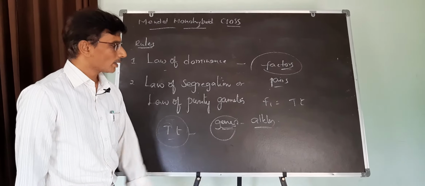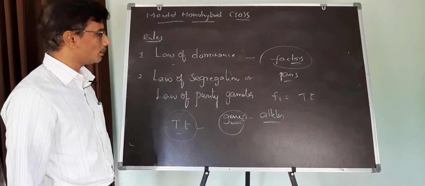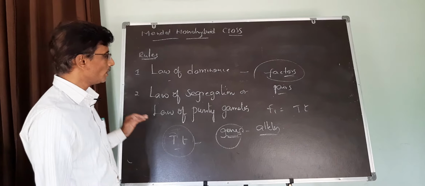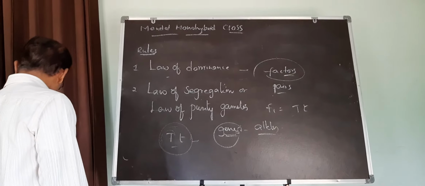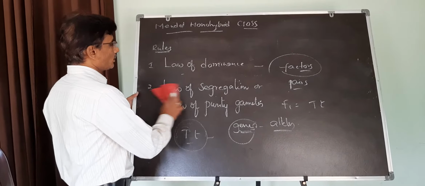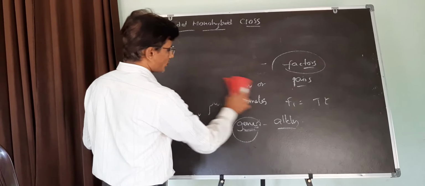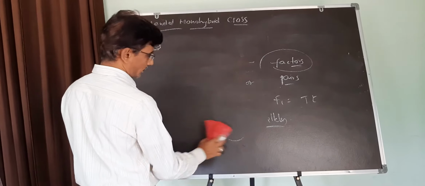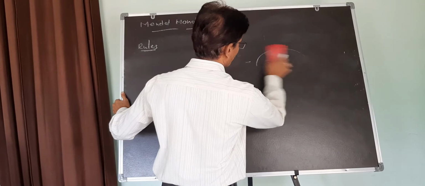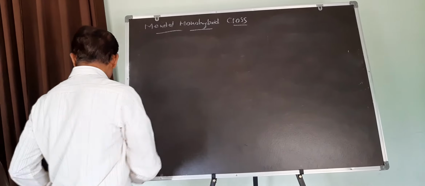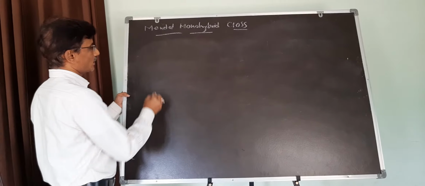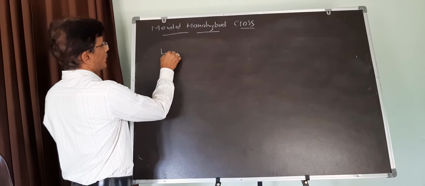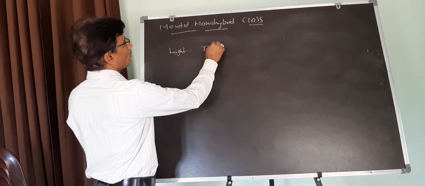Now another important point: we have considered 7 pairs of contrasting characters. Here we discussed only tall and dwarf, but there are 7 different pairs of contrasting characters. What are those? Height is tall and dwarf.